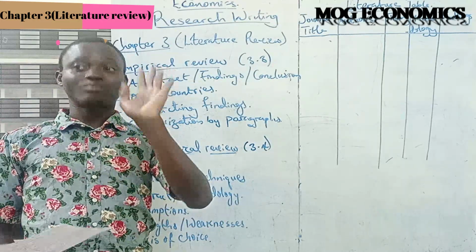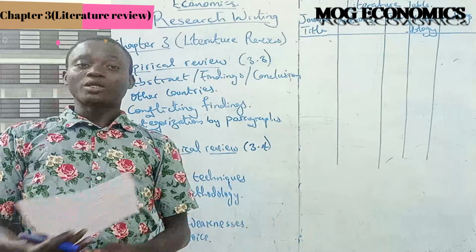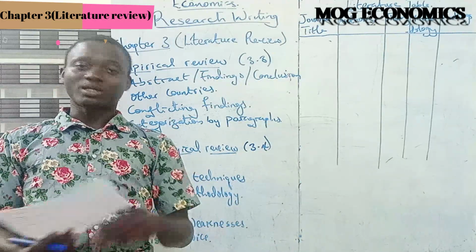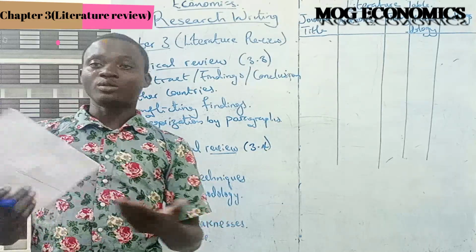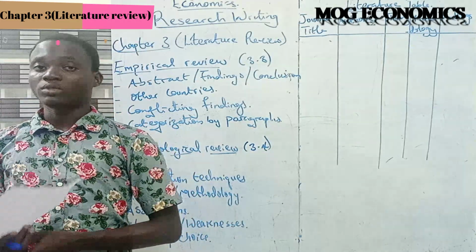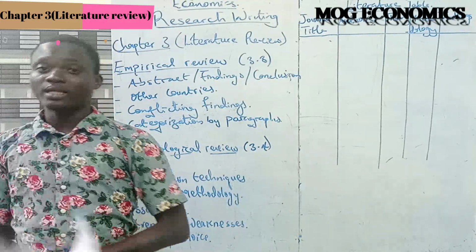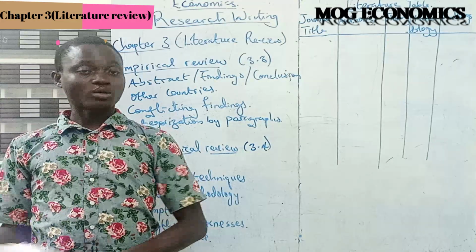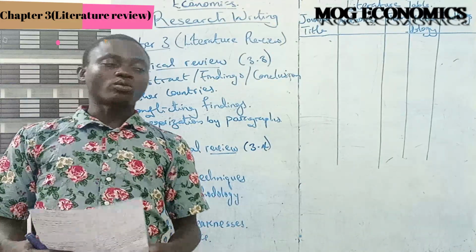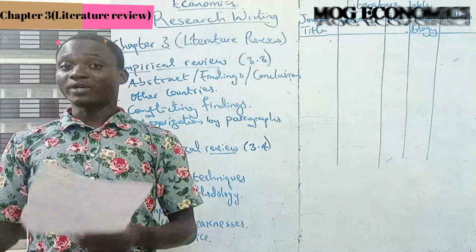You might have quite a number of journals on that topic, really. Then you could also have other journals, the impact of inflation on South Africa's economy, the impact of inflation on China's economy. Okay, so you could have journals like that. So no problem. All you just have to do is categorize your findings.